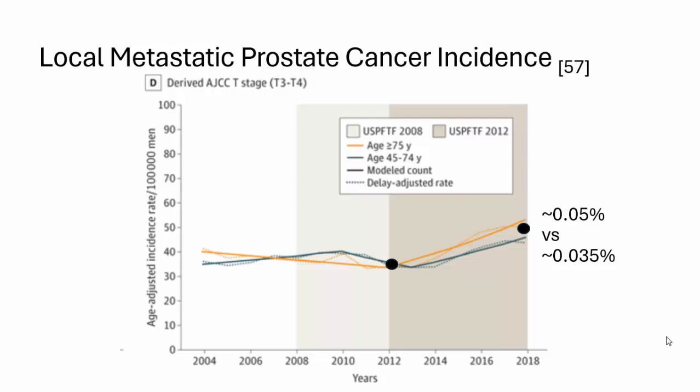So the difference from 2012 to 2018 is a difference between 0.05% of men getting a metastatic cancer diagnosis and 0.035% of men getting a metastatic prostate cancer diagnosis that year. So the absolute effect is very small, even though the relative effect looks bad in the graph.